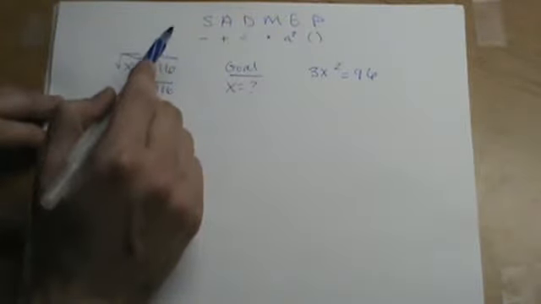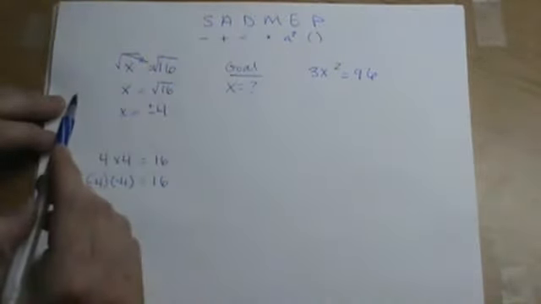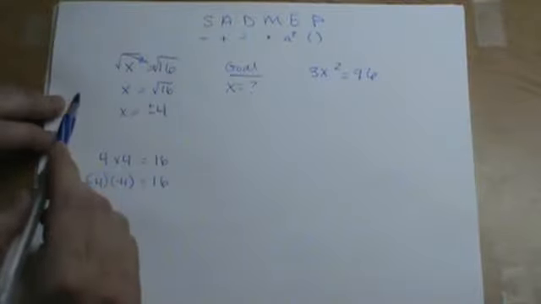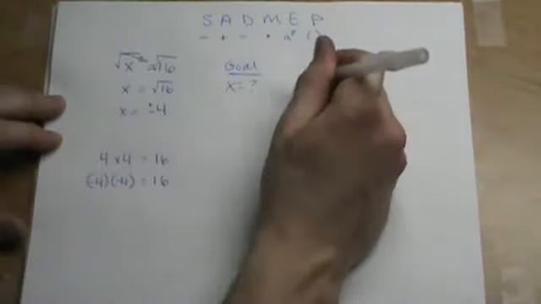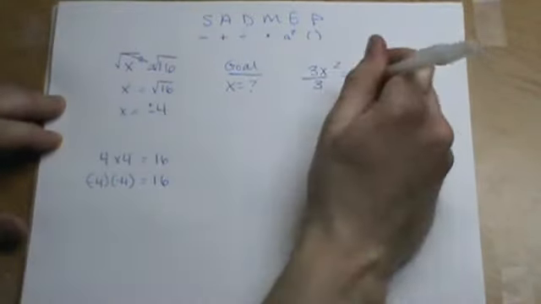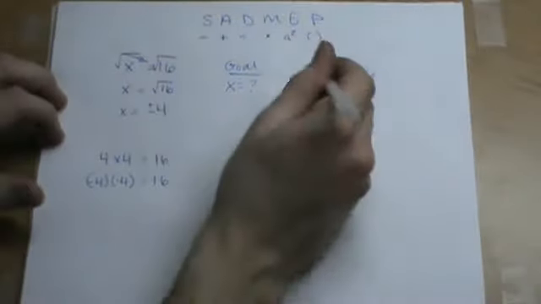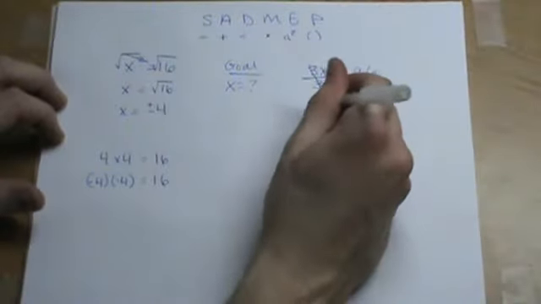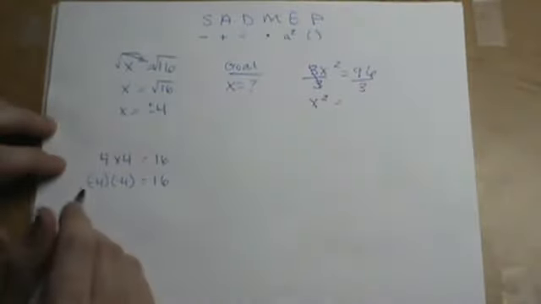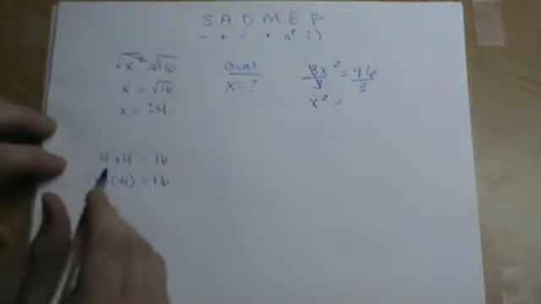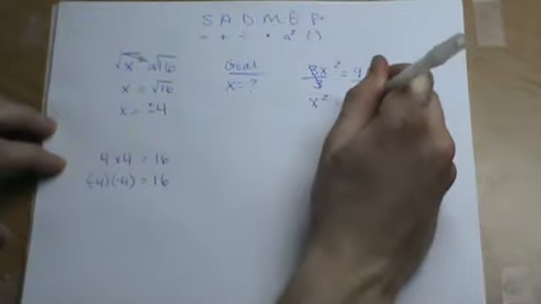That's some multiplication. So we have to undo the multiplication. To undo, we do the opposite of the operation. So the opposite of multiplication is division. So I'm going to divide both sides by 3. So this side reduces to just x squared. And this side over here reduces to 32.